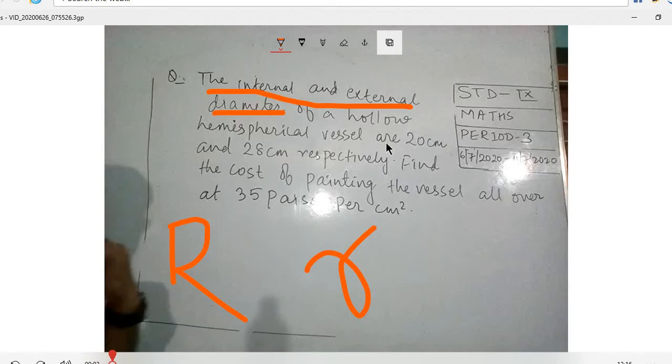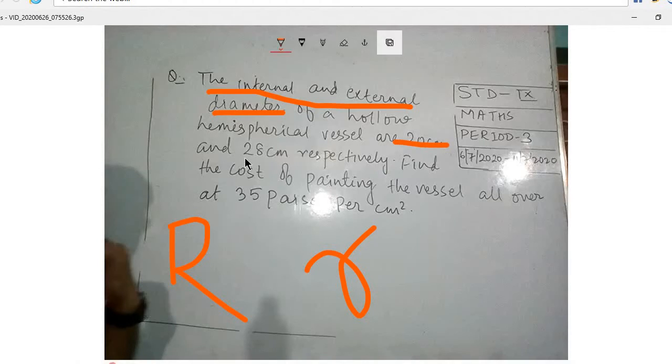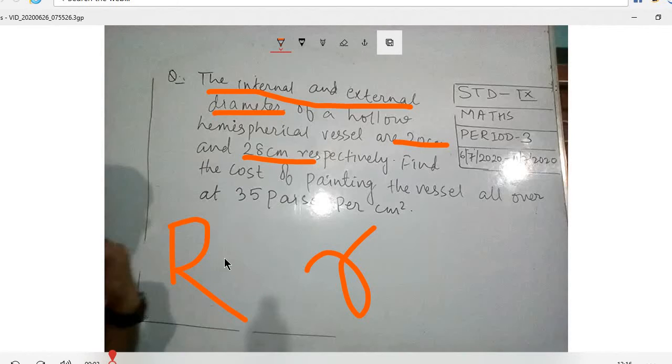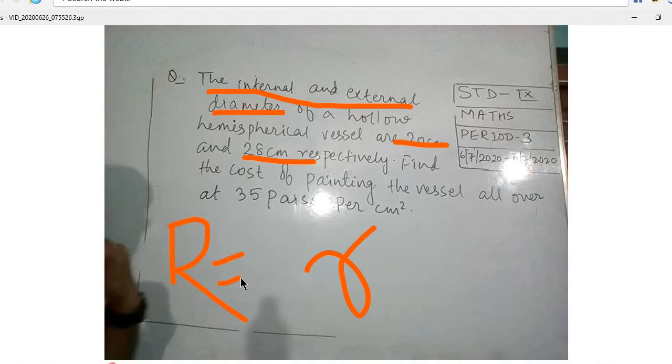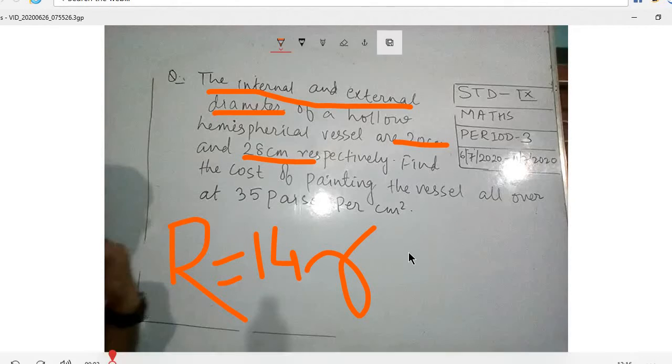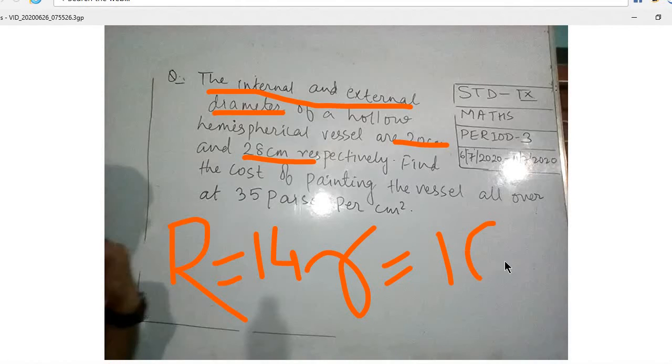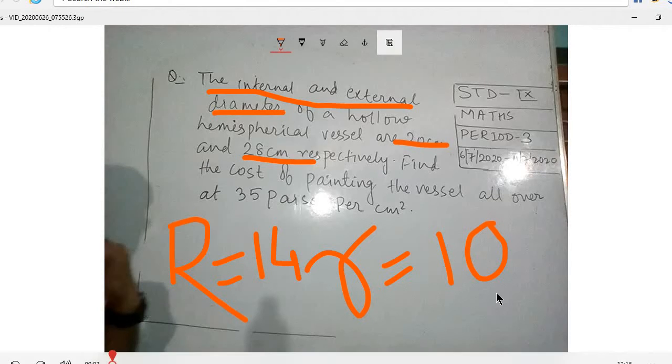The diameters given are 20 centimeter and 28 centimeter. That means big radius is equal to 40 and the small radius is equal to 10 centimeter.